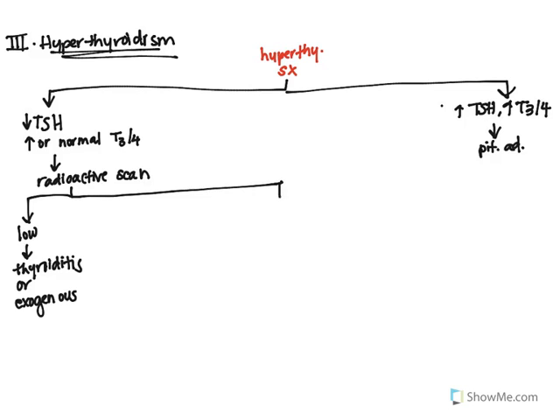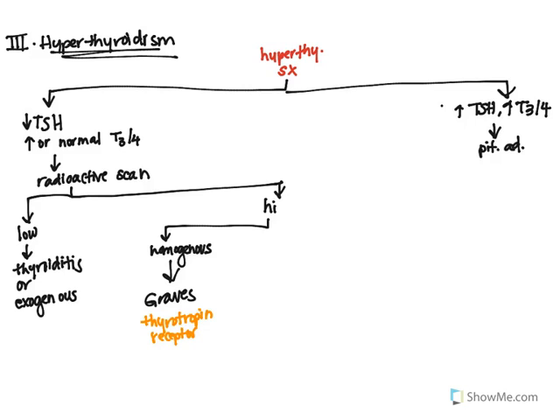If the radioactive scan shows a high uptake, it'll have one of two patterns on the scan, and that's homogeneous. If you find homogeneous uptake on a radioactive scan, you're looking at Graves' disease. These patients will also have a positive thyrotropin receptor antibody.